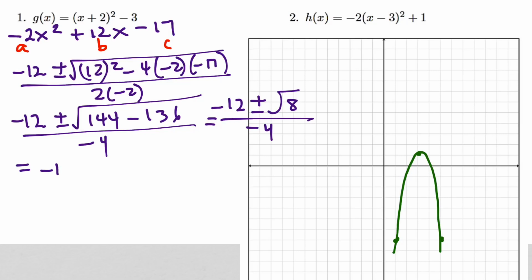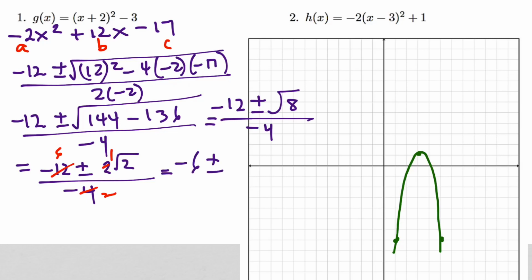So that's equal to negative 12 plus or minus 2 root 2, divided by negative 4, which can be reduced by a factor of 2. So reduce it when you can. So that's equal to negative 6 plus or minus root 2, divided by negative 2. And then you want to go ahead and cancel those negatives. So I've got 6 plus or minus root 2 over 2.